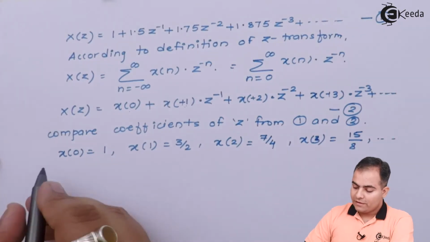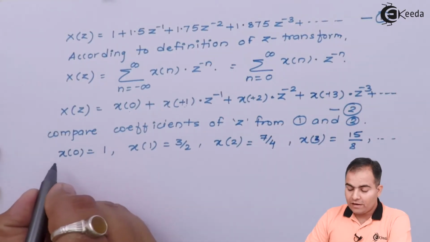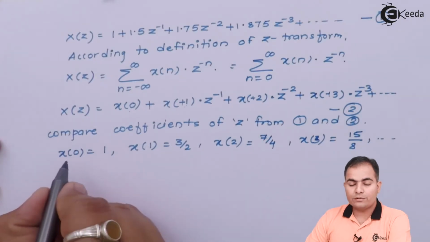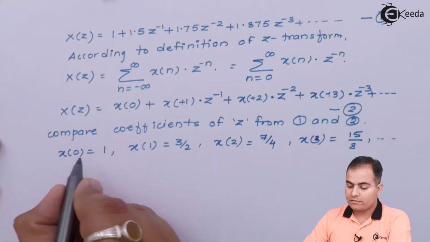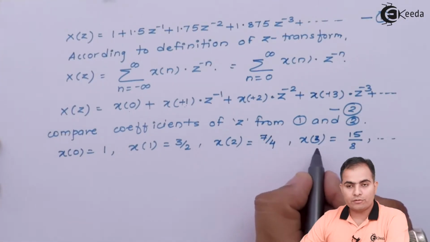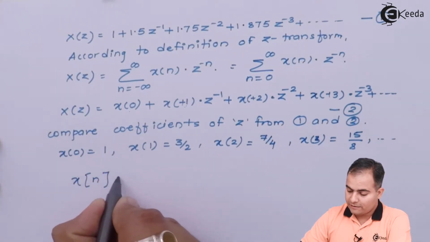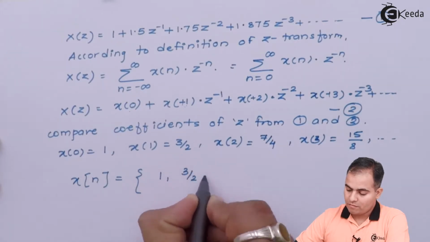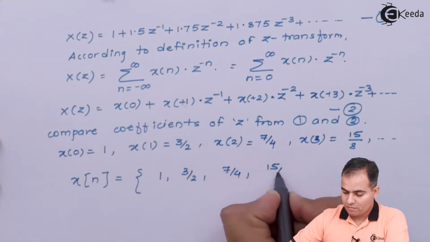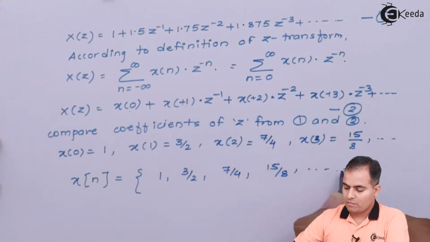So basically what we have done is calculated the amplitudes of x of n for n equals 0, n equals 1, n equals 2, n equals 3. So we can represent it like this.